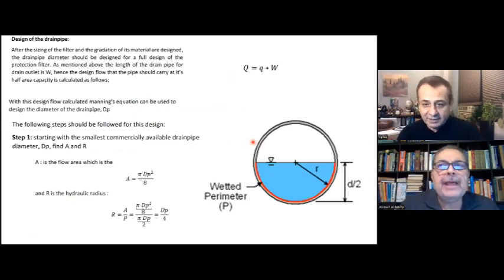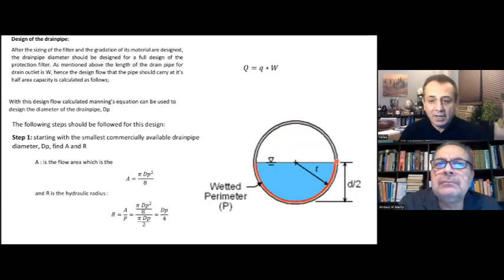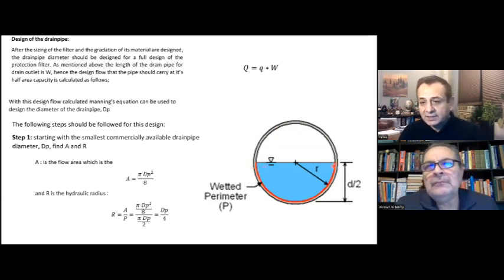As we said, the above part of the pipe should be perforated or slotted to allow the flow of seepage to enter the pipe, but the bottom half of the pipe should not be perforated, it should be kept solid, and it's going to work as the capacity to hold the flow.